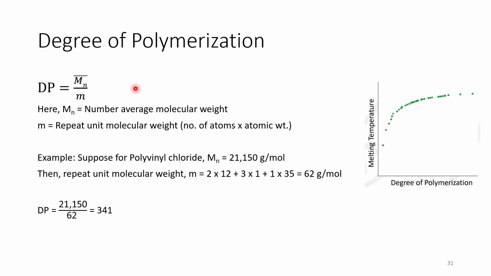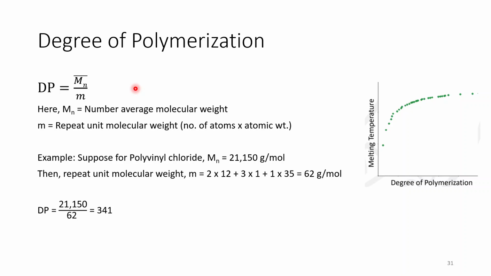Next is example. So suppose for polyvinyl chloride having Mn, number average molecular weight is 21,150 gram per mole, and then repeat unit molecular weight is m equals to 2 multiplied by 12 plus 3 multiplied by 1 plus 1 multiplied by 35.